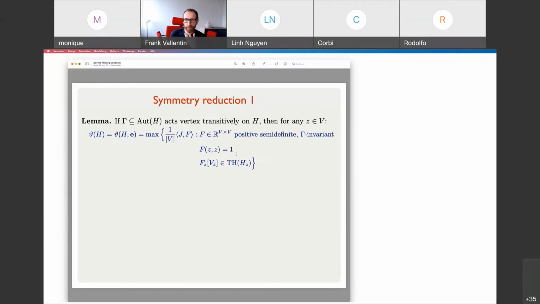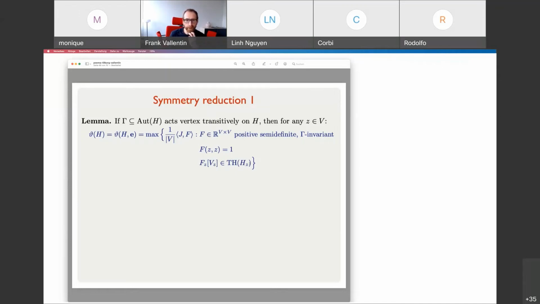So this simplifies, first of all, the computation of theta a bit. And secondly, you see that this definition of theta is very close to the original definition of theta for graphs. So there are a couple of small differences. One difference is a different normalization, but it's just more convenient to work with.